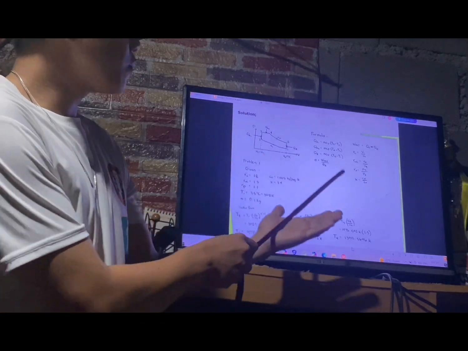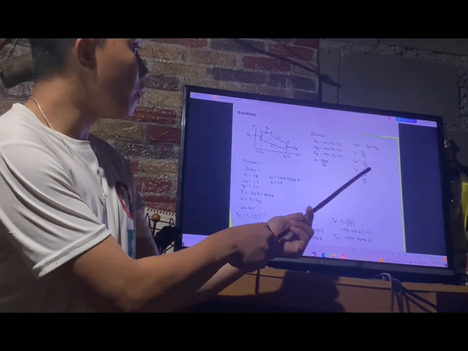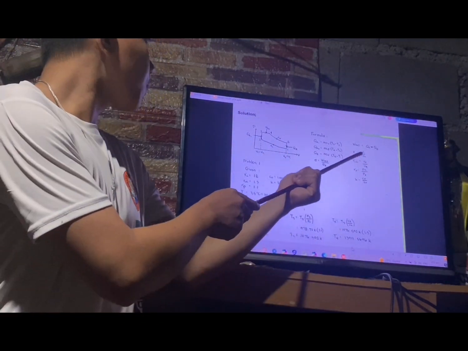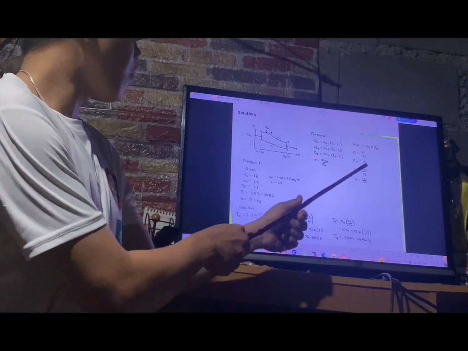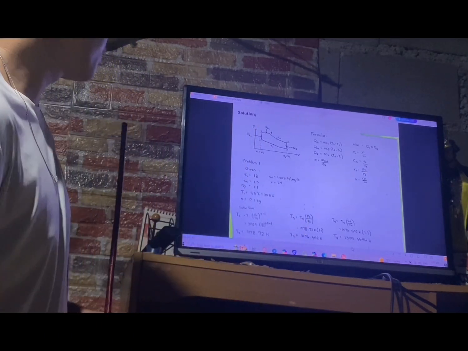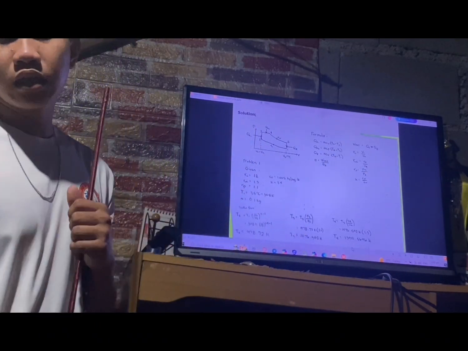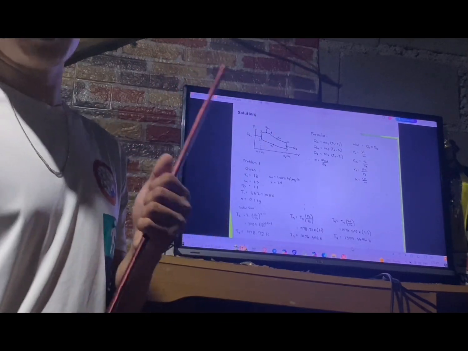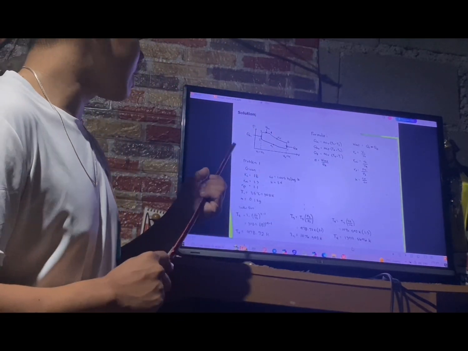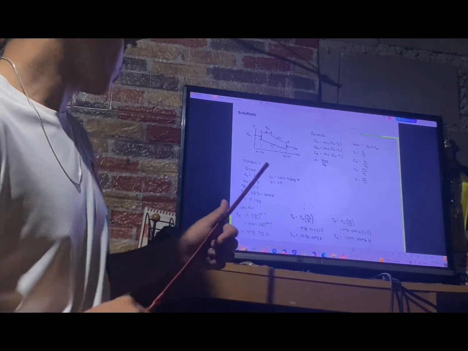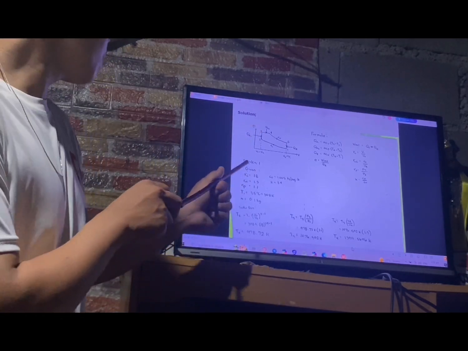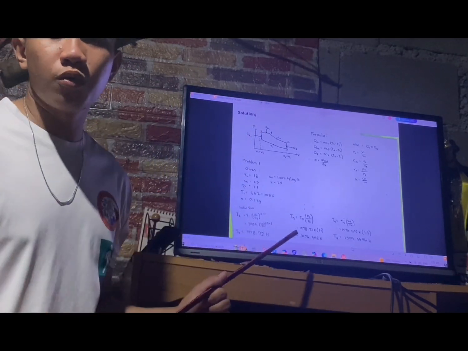Let's go back to this formula: the cutoff ratio is equal to V4 over V3. In the given question, it stated the value of the cutoff ratio, which is 1.3. So 1.3 is equal to V4 over V3.